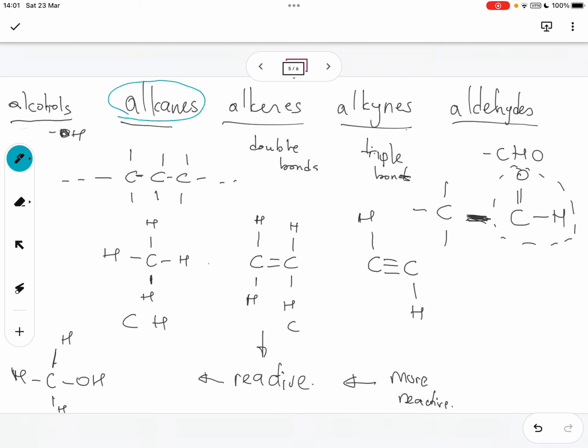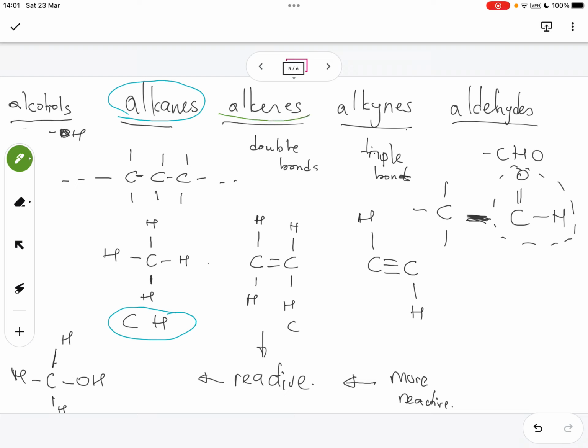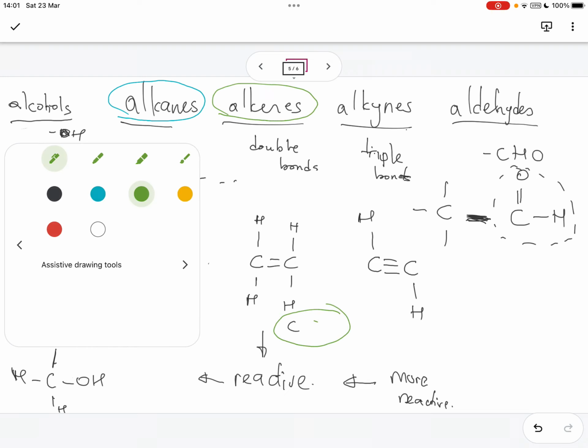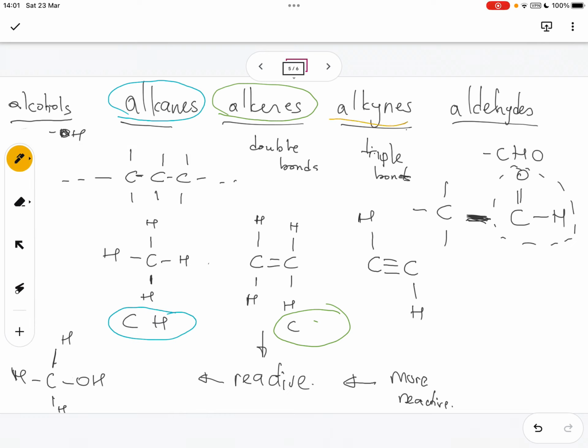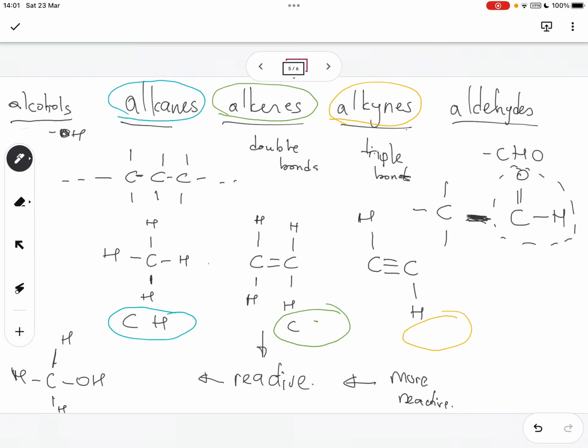So I'll make alkanes blue so we can write the formula there. I'll make alkenes green, and alkynes yellow, and we're going to write the formula somewhere there. Alright, now back to black.